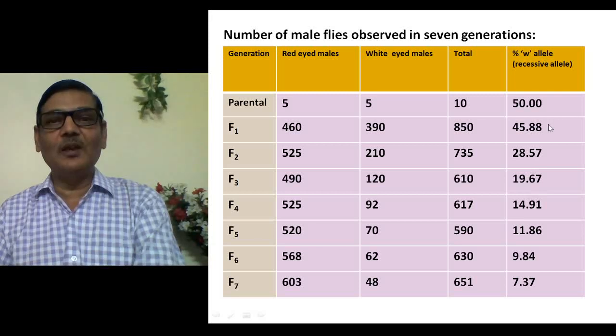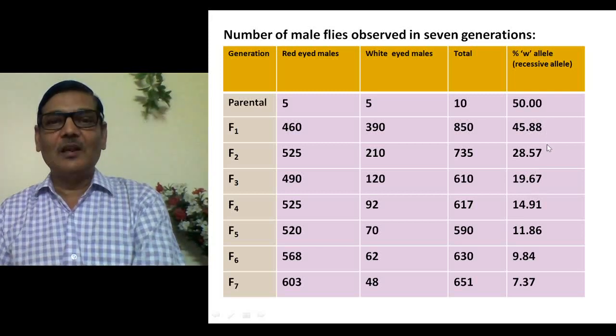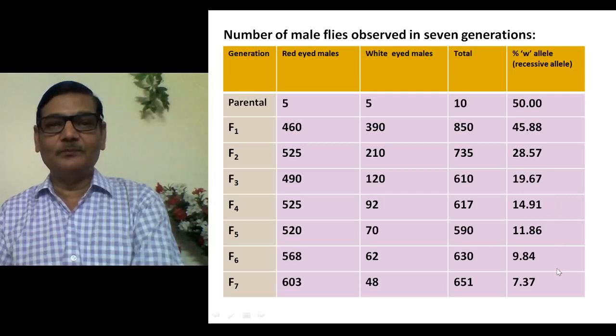So we are observing a steady, continuous decrease in the frequency of this white-eye allele. And if you continue this experiment for some more generations, you will find a further decrease in the frequency of this W allele.